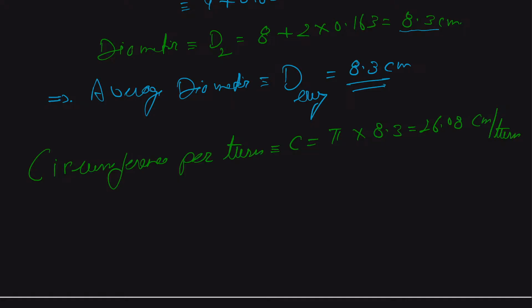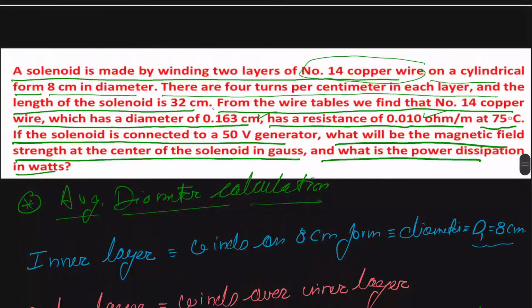And now we have to find out our, because we are mainly interested in finding out the power dissipation. And for that we will be requiring this resistance. And for resistance, because the resistance that is mentioned in the question is given as per meter, so we have to find out what will be the total length.